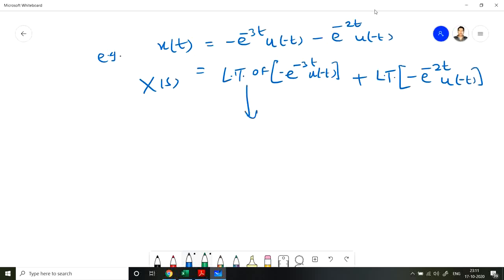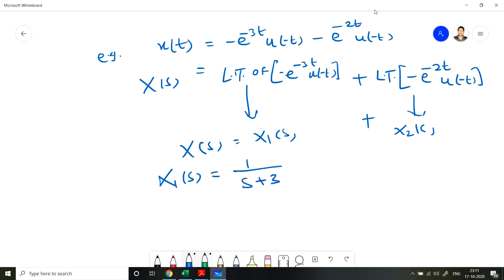Then X(s) is equal to X1(s) plus X2(s). So X1(s) is 1 divided by s plus 3, and the ROC is real part of s is less than minus 3. We can check it.